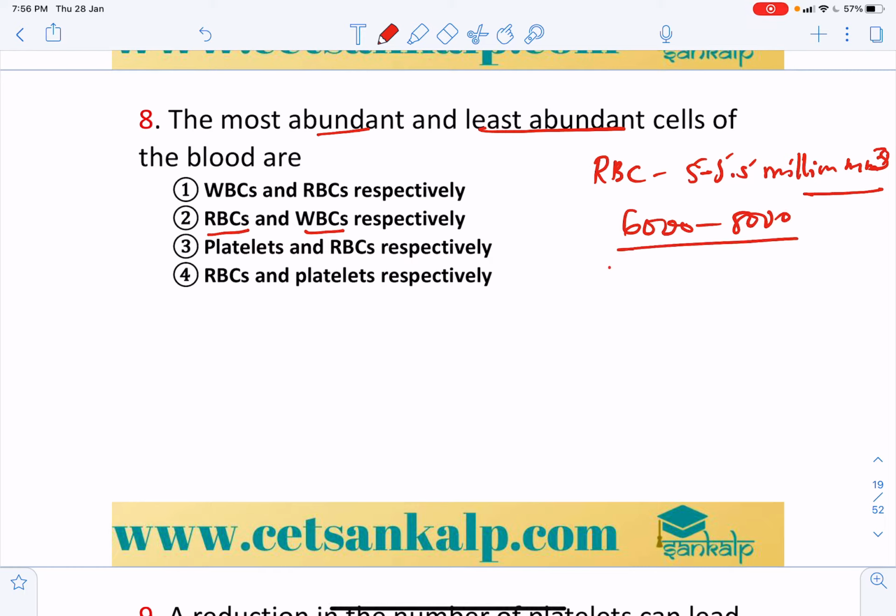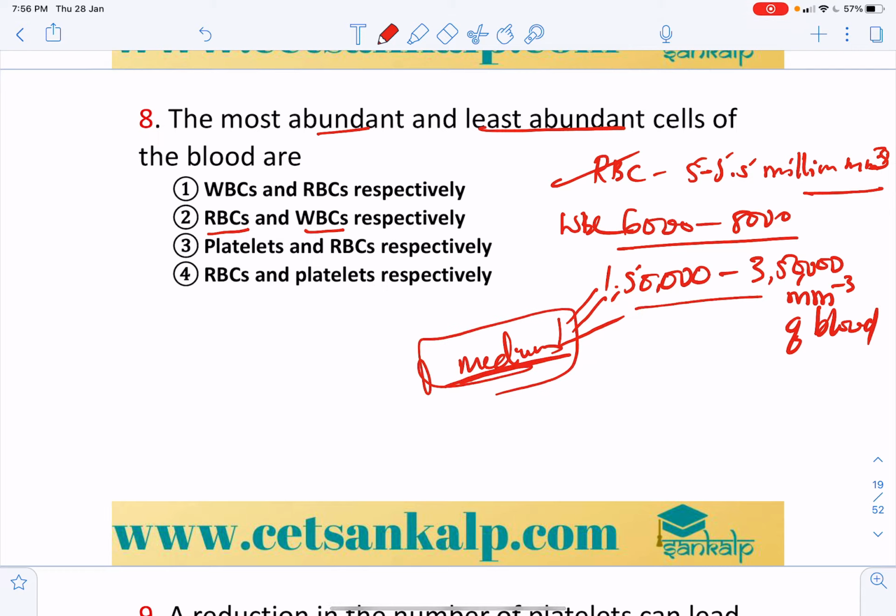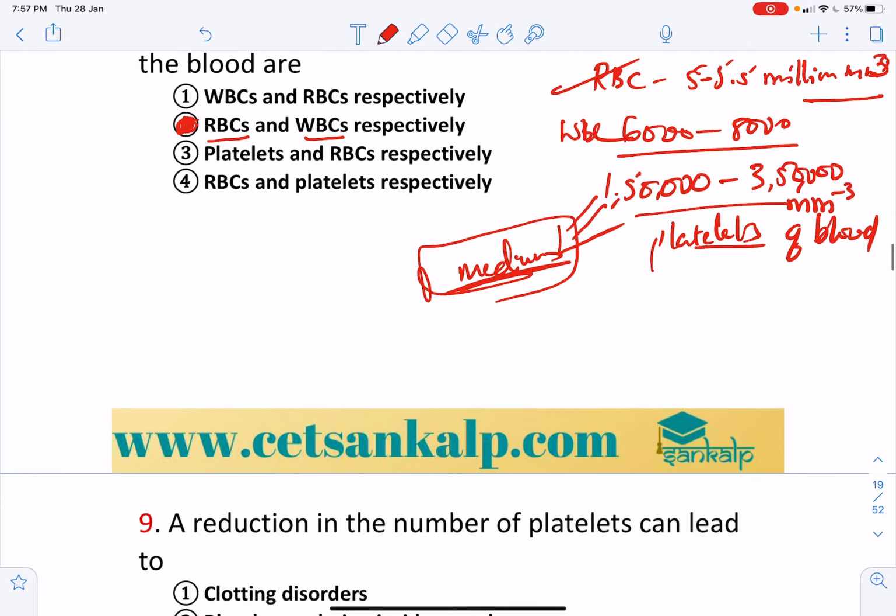Whereas platelets are 1,50,000 to 3,50,000 per cubic millimeter of blood. So most abundant is RBC, least abundant is WBC, and the moderate number is platelets, right? So the answer is most abundant RBC, least abundant WBC.